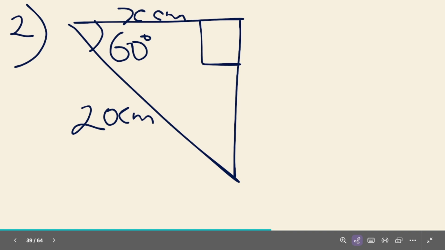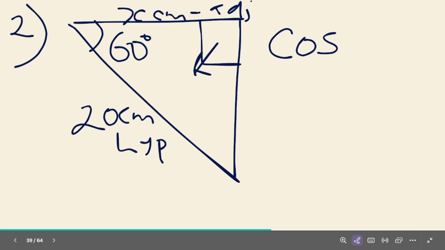So in like manner, you identify your sides. This is going to be hypotenuse, and this is going to be adjacent. So automatically we are going to use cos theta is equal to adjacent over hypotenuse.